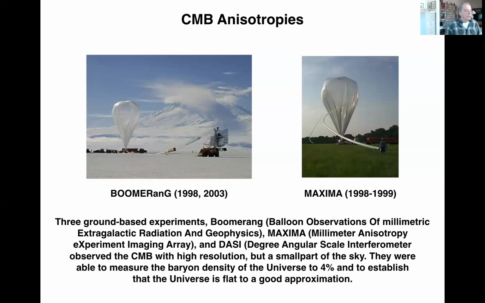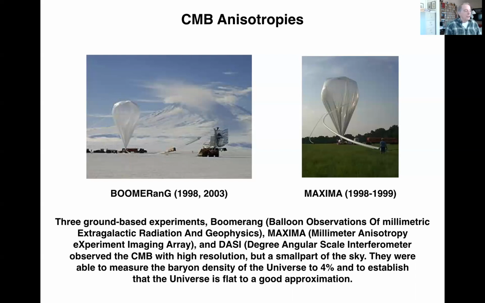One was launched from the South Pole, the Boomerang, and one was launched from Maxima. The balloons went up about 40,000 meters, above most of the atmosphere, so they could examine the CMB without any atmospheric interference.